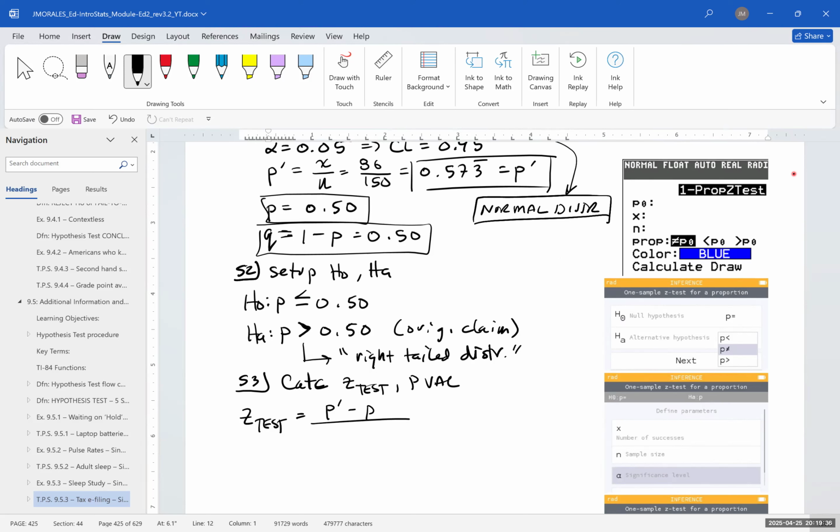And this P prime, P and Q that I calculated earlier, are the P prime, P and Q that you would need down here. All right. But we're going to use our calculators to give us our z-test statistic and our p-value.